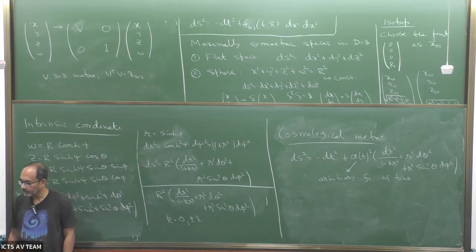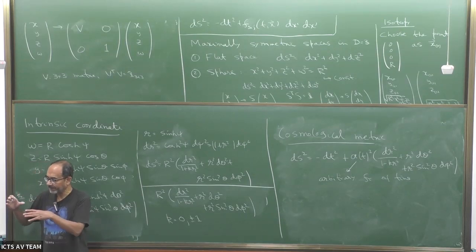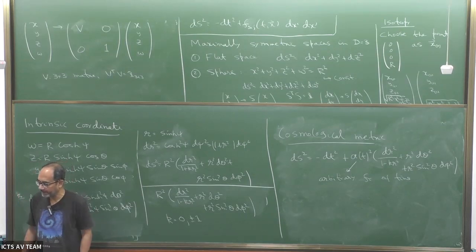We started with maximally symmetric spaces. We saw these three spaces nicely satisfied all those. But what if part of it is R3, part of it is S3? Then these kinds of spaces will also satisfy this kind of ansatz. Well, but then when they're joining, the metric is not maximally symmetric.